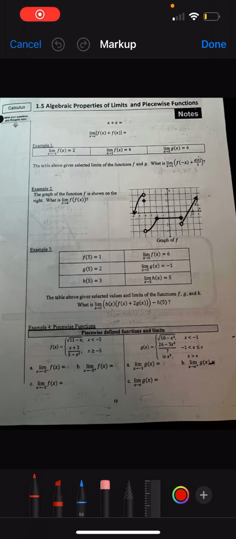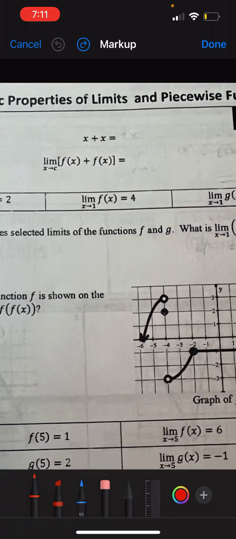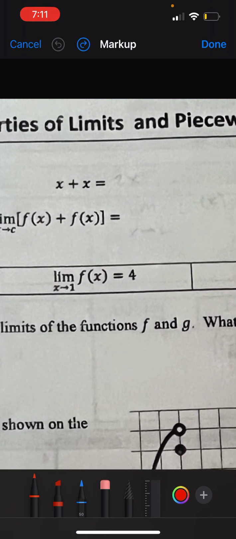Okay, ladies and gents, this is 1.5 Algebraic Properties of Limits and Piecewise Functions. So to start, we'll start from the very top. x plus x is 2x, right? I need to make it look more like a 2x.